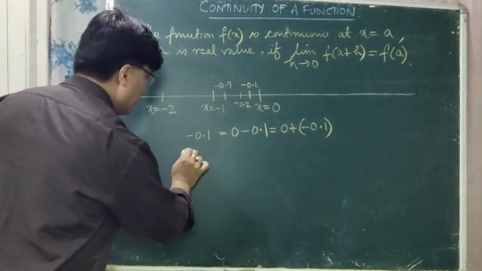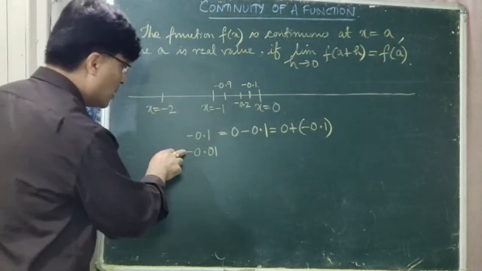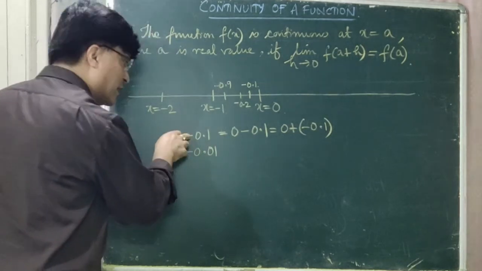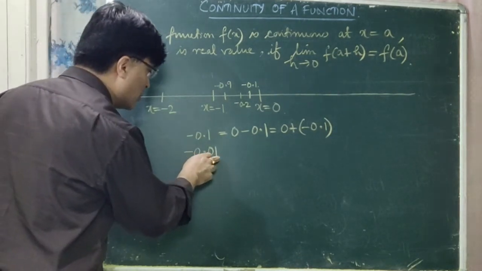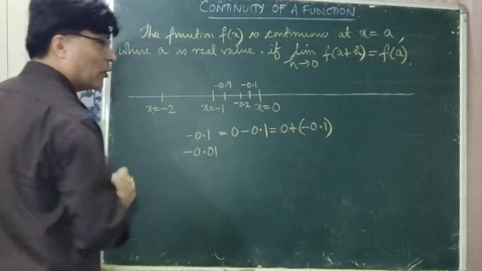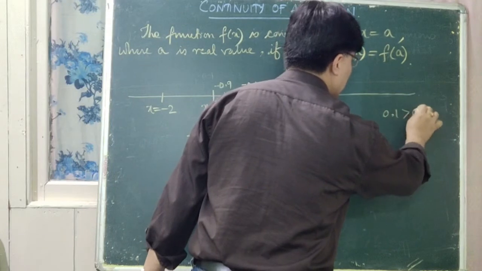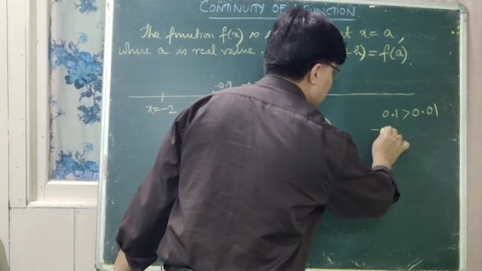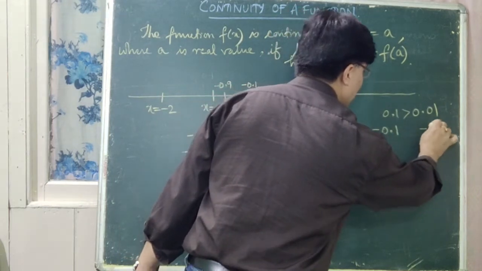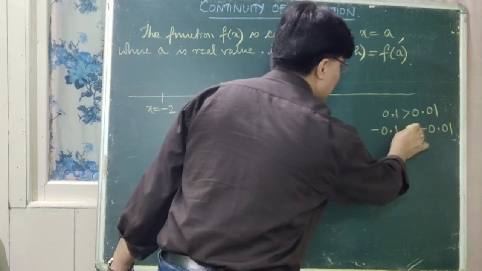Again you may have -0.01. Again we are approaching towards 0. -0.01 is greater than -0.1. You know that 0.1 is greater than 0.01. If you write down the negative sign, -0.1 and -0.01, this greater than becomes less than.